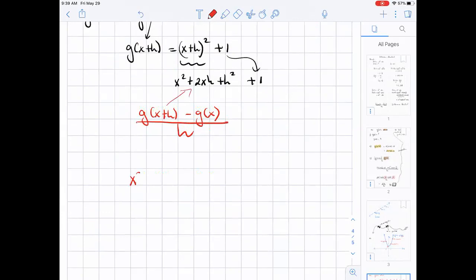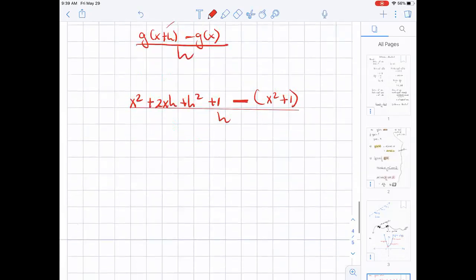So we have x squared plus 2xh plus h squared plus 1 minus x squared minus 1, everything over h.